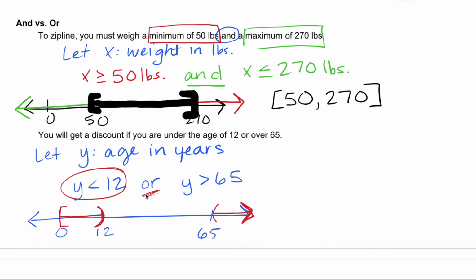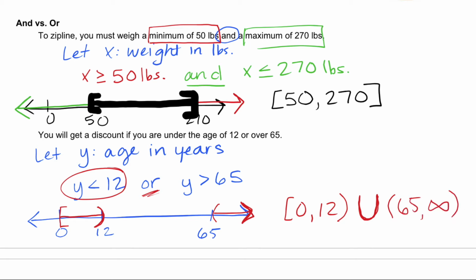Now, because this is an or statement, you can be under 12 or you can be over 65. So you can't be both at the same time. Or doesn't require you to be both at the same time. Just one of them or the other. So that means that we have this region 0 to 12 together with, and we say union, that's what this U symbol means, union together with 65 and older.